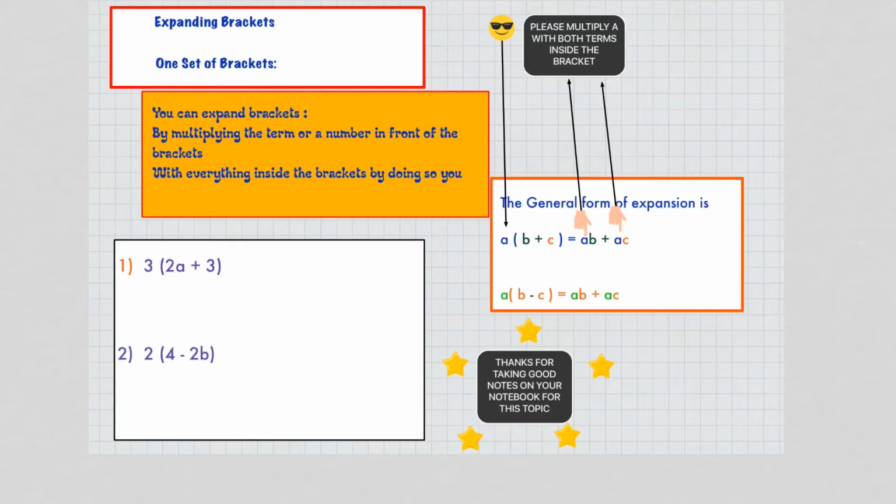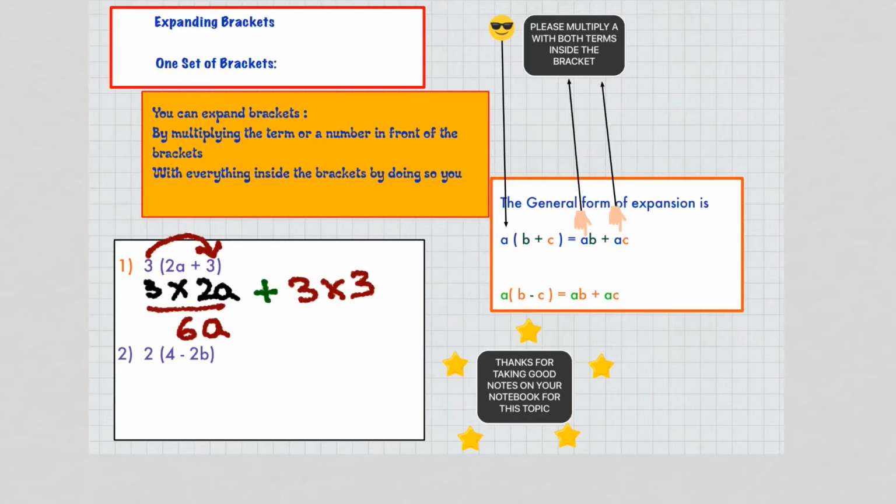So I will multiply the number in front of the bracket with the first term first: 3 times 2a. Then we write the plus sign. After that, I'm going to multiply the 3 with the second term, which is 3 times 3. 3 times 2 is 6a.